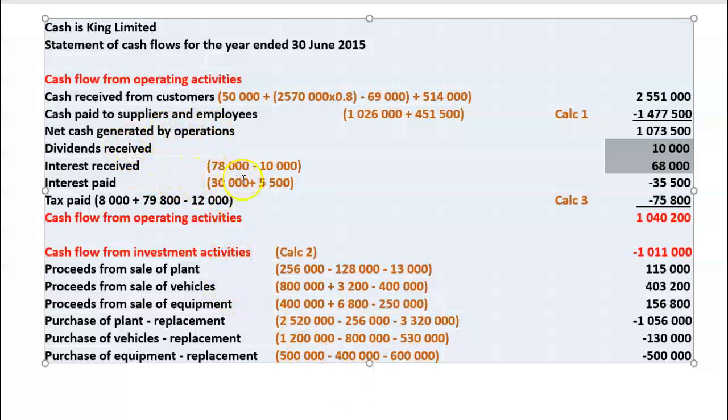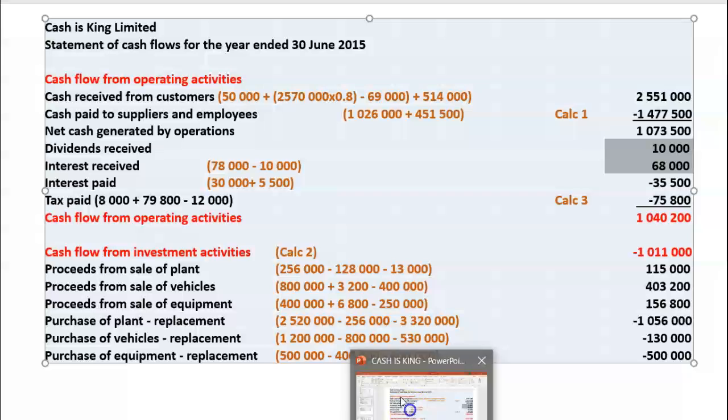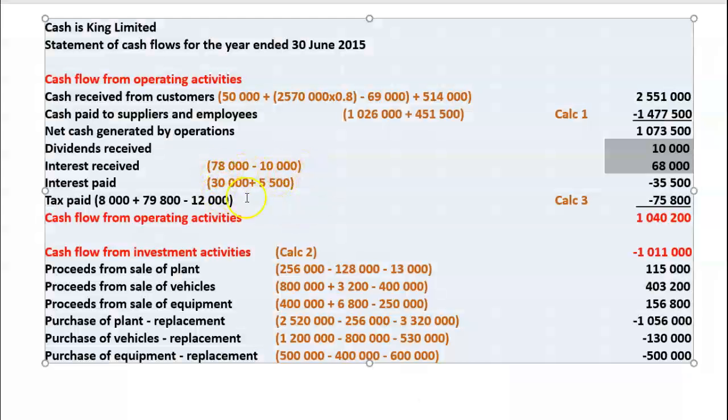Is that our interest paid? 5,500 Rand equals that interest. If you go to your second last bullet point in your question, they say included in operating expenses are, and here they've told us that the debenture interest for the year was actually 5,500 Rand. So that is the reason why we had added 5,500 to the 30,000 to get to the total interest of 35,500.